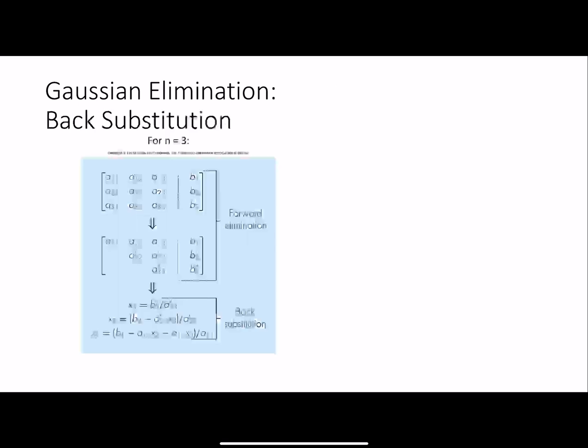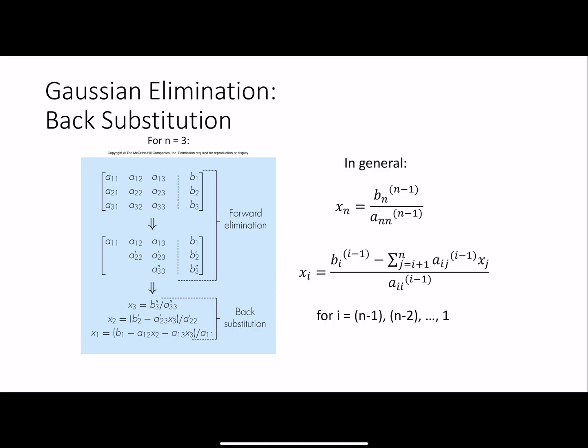Now, once you have performed this part, you perform the backward substitution, which we already talked about. We simplify the linear system to be 0 below the diagonal, so we can get x3 to be simply b3 double prime divided by a33 prime. This is what we're saying over here, this part of the formula.